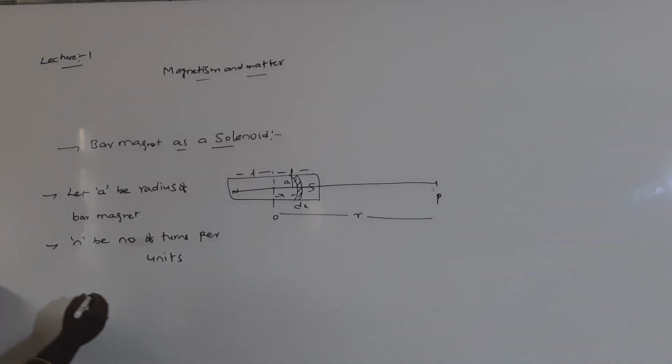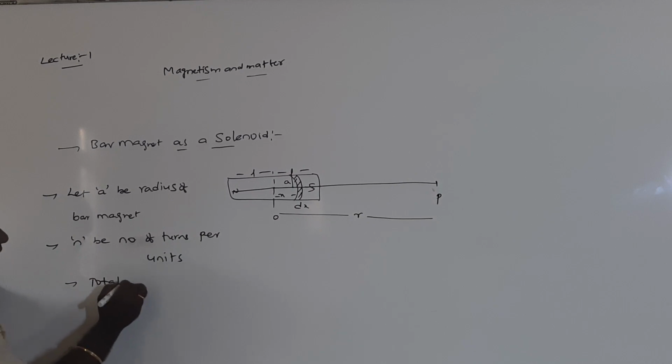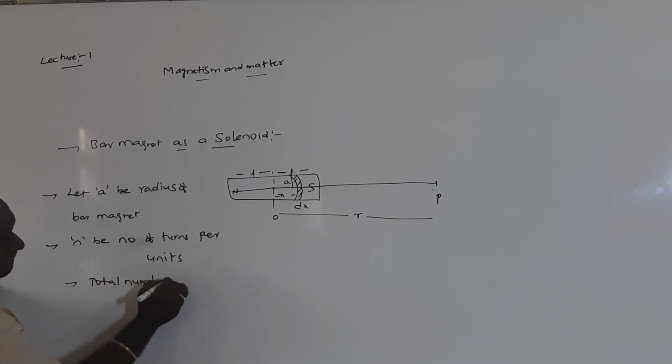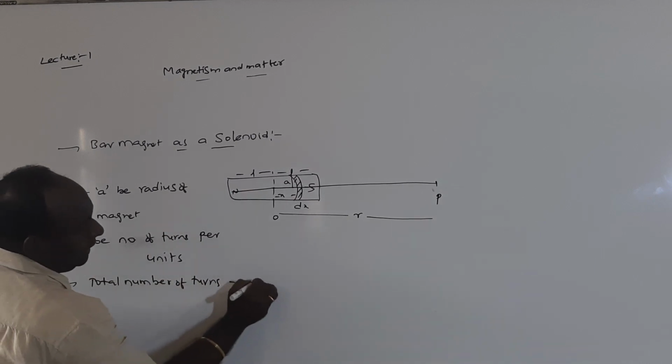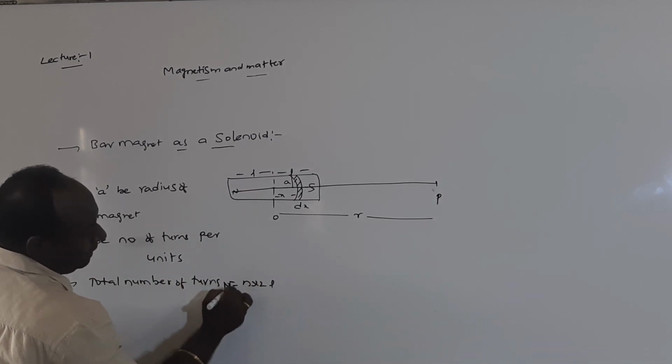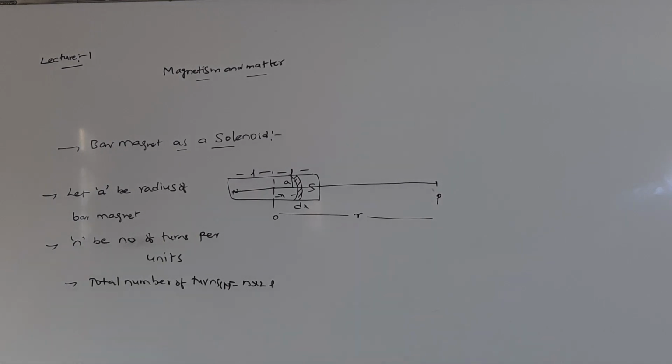Sir, what is the total length of the bar magnet? 2L. So the total number of turns, capital N, is equal to n into 2L.